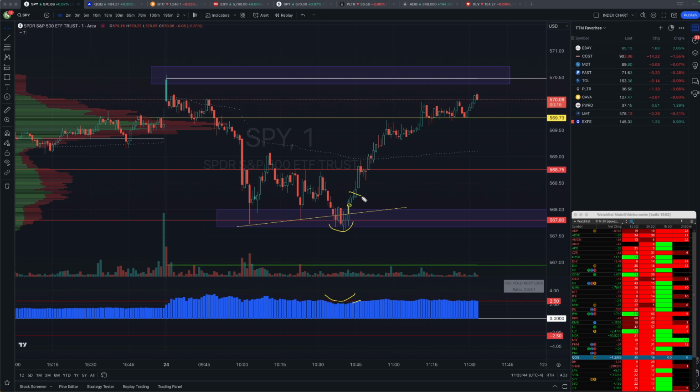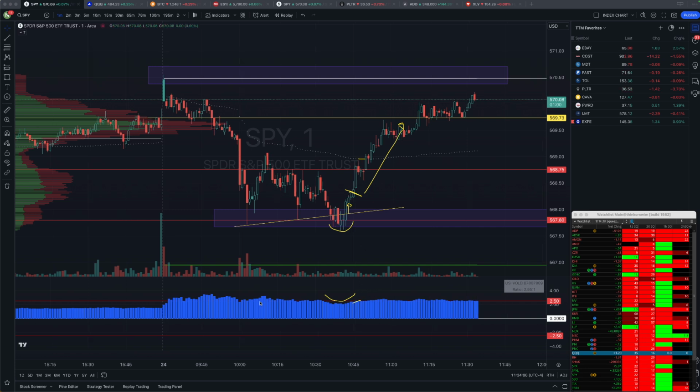I took a sniper long, right, and rode this up into this 569 level. And I had confidence to ride that up, as it paused here at VWAP, because we had the higher than normal VOLD levels. And I've only just started using this indicator to kind of help predict.